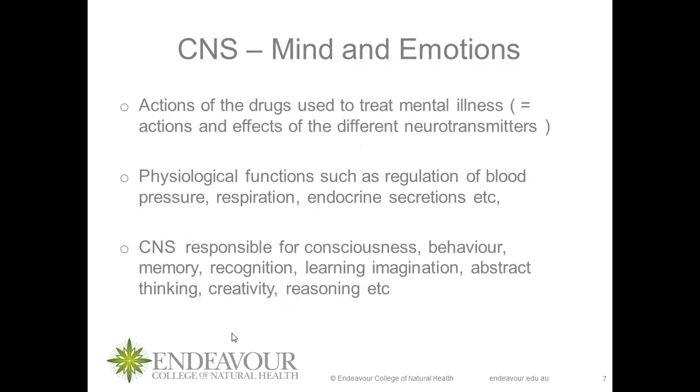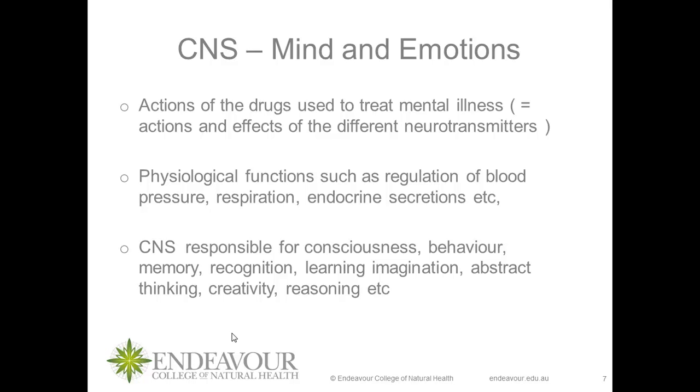So the CNS controls many aspects of the mind: consciousness, behaviour, memory, recognition, but also cognition, your learning, imagination, abstract thinking, your creativity, your ability to reason, and so on. But emotions as well.